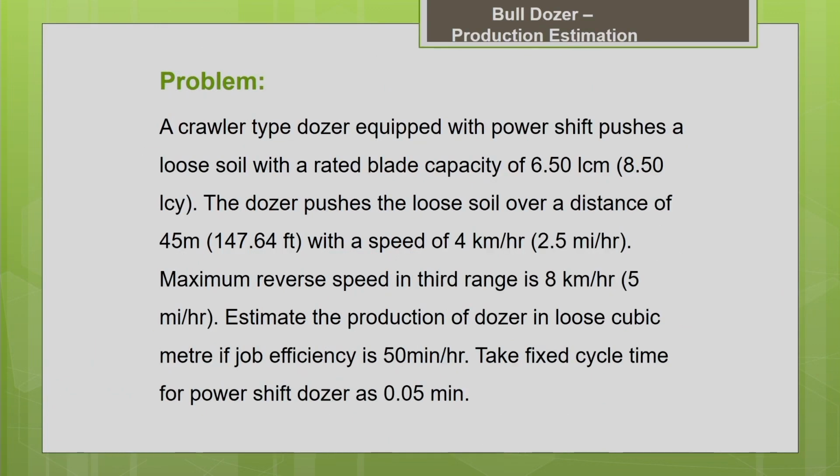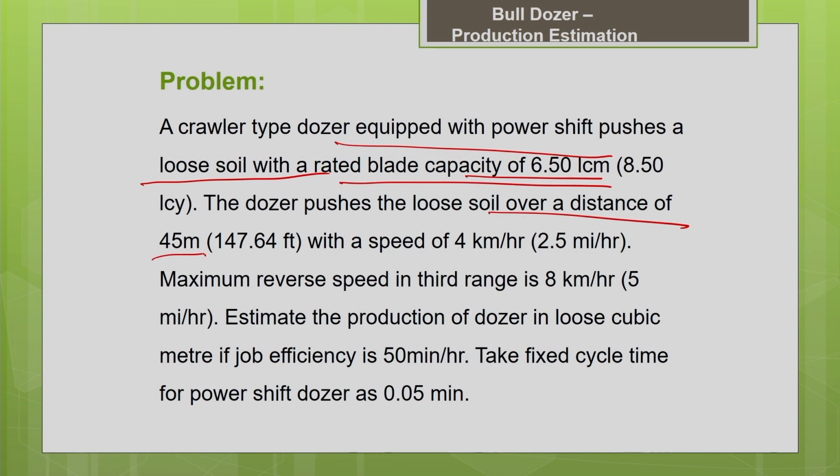Now let us work out another problem, a different approach to the estimation of productivity. In this, a crawler type bulldozer is given. It is equipped with power shift mode, so automatic gear change. It pushes loose soil with a blade capacity of 6.5 loose cubic meter, and the dozer pushes the loose soil over a distance of 45 meters.